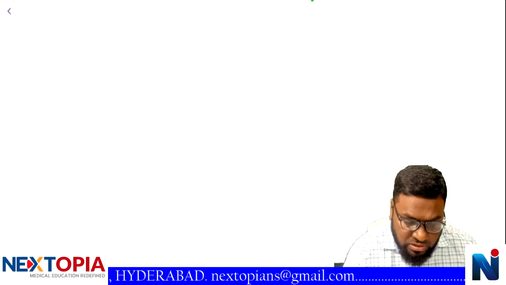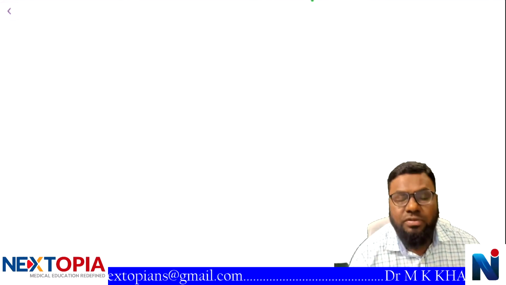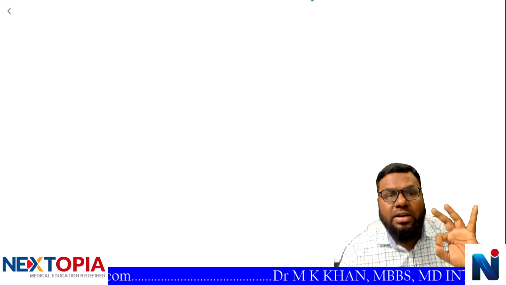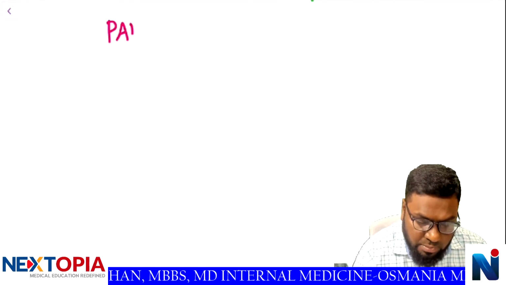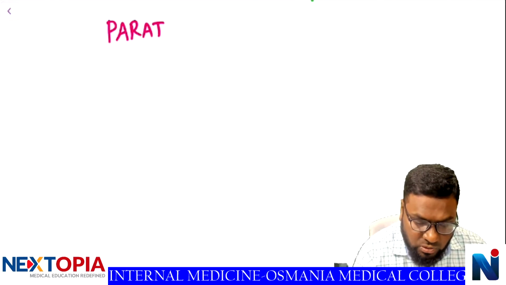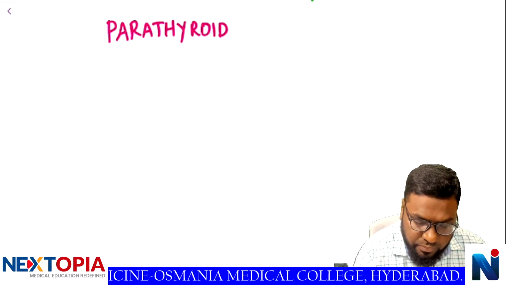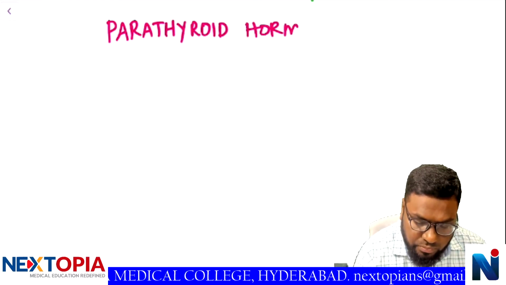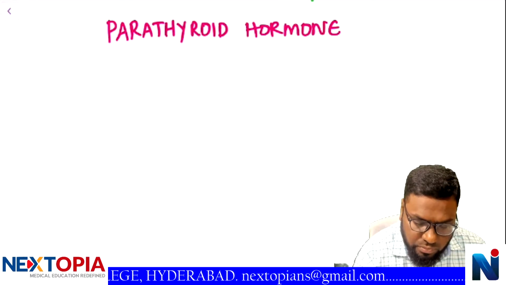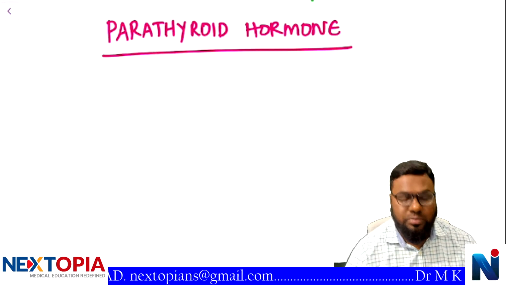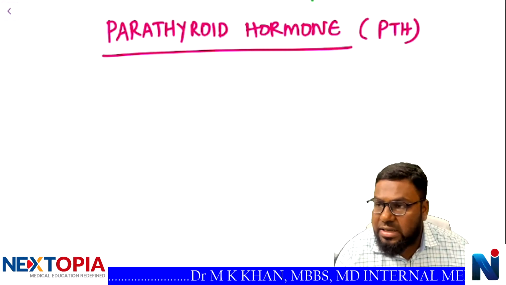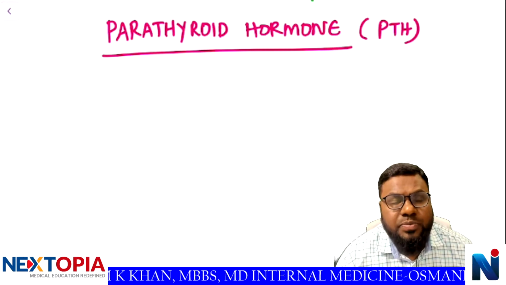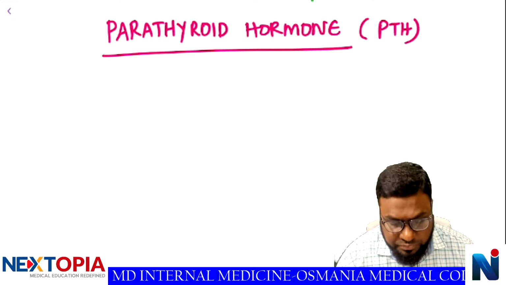Now time has come, let us try to understand the action of various hormones like parathormone, calcitonin and vitamin D. Let us first understand the parathyroid hormone, also called parathormone or PTH. Let us try to understand the activity of these hormones.